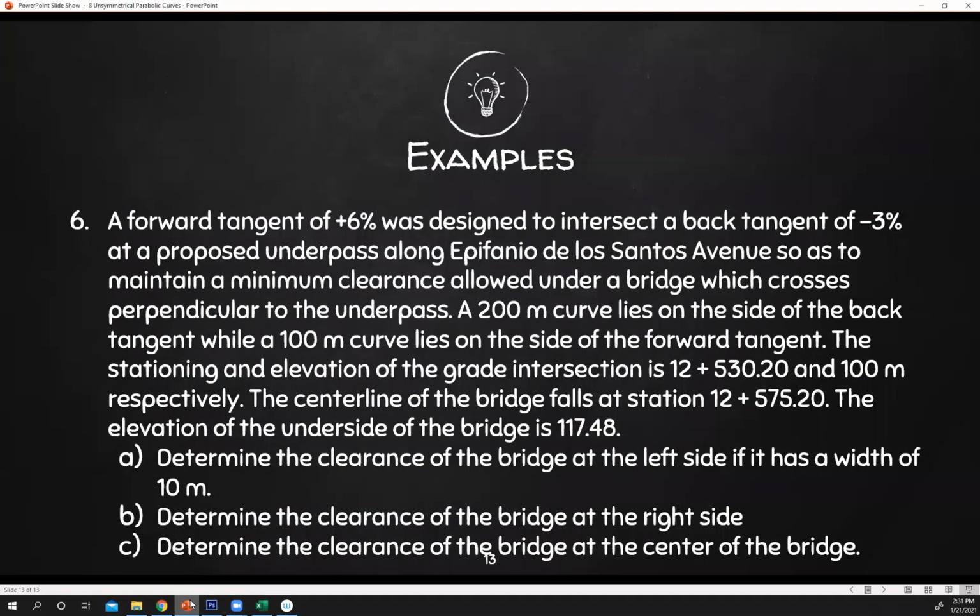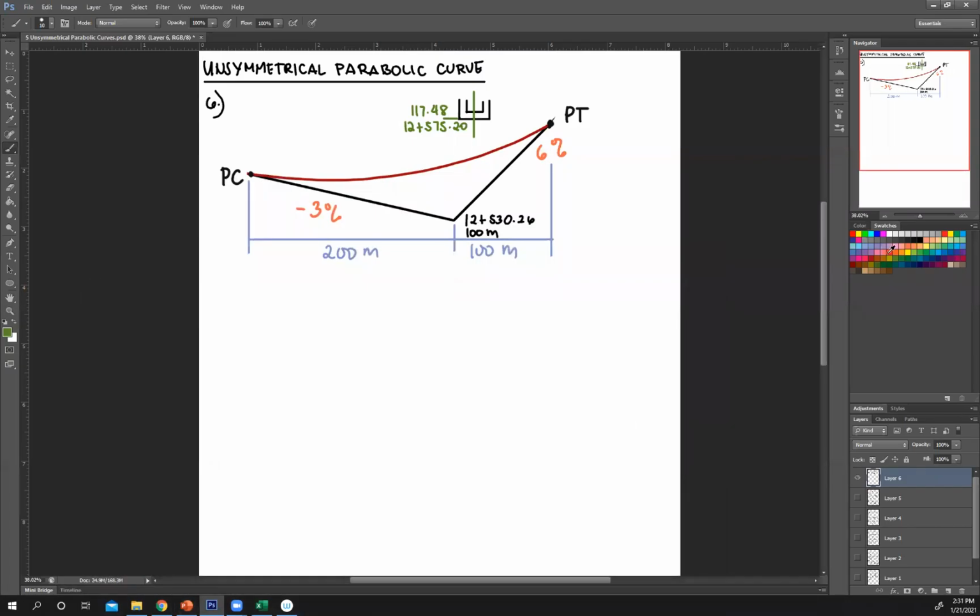What are we looking for? Clearance at the left side, where the width is 10. So this is 10.